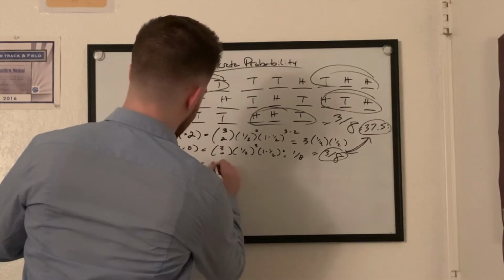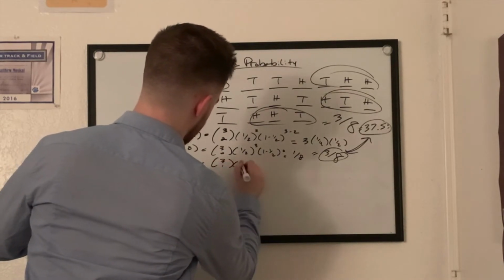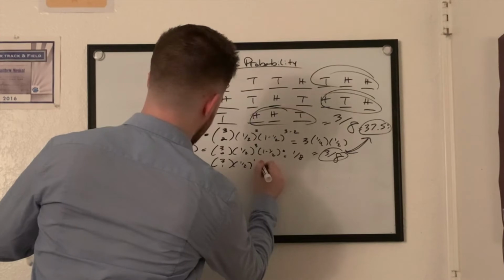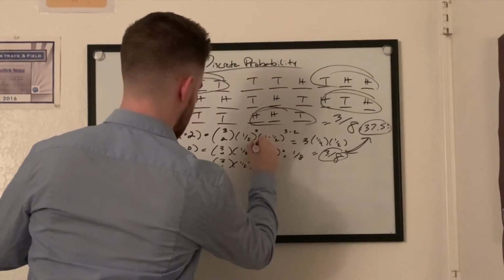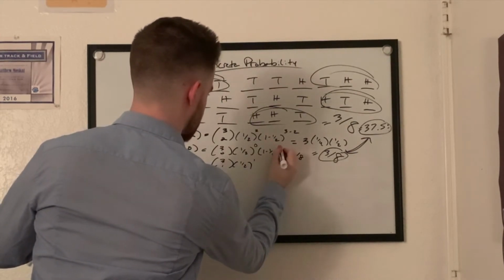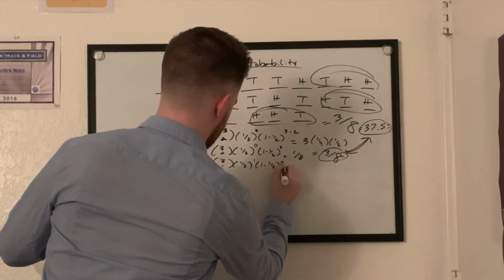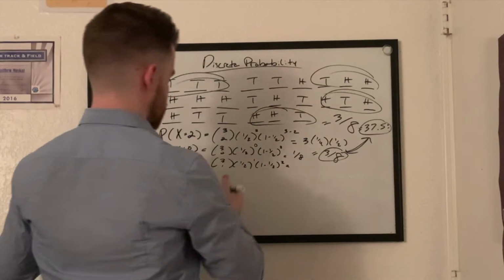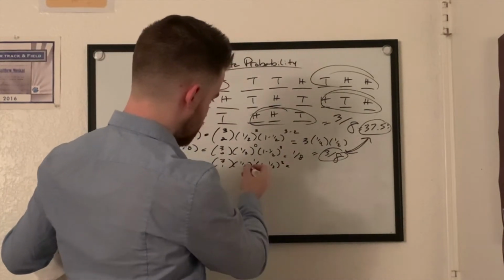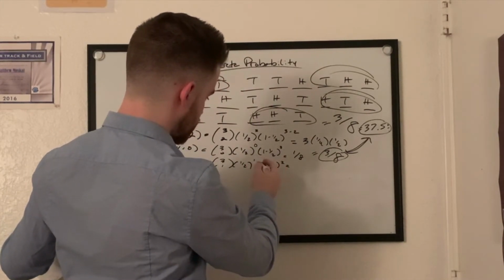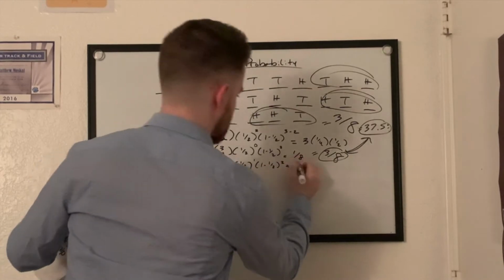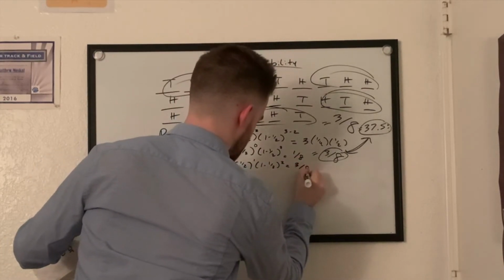Probability x equals 1. 3 choose 1. 1/2 raised to the 1. These are backwards. 0 and then 3. 1 minus 1/2 squared. 3 choose 1 is 3. This 1/2 to the 1 times the 1/2 squared. That's going to give us 3/8.